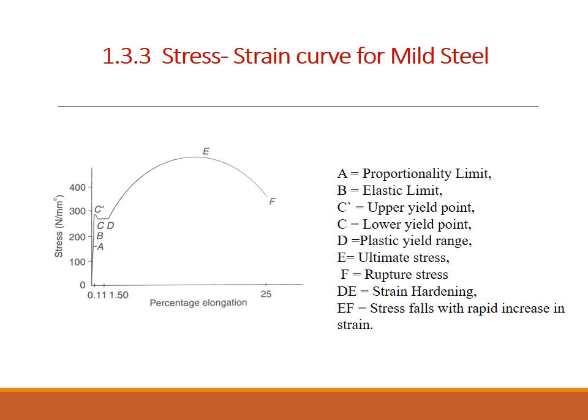Here, when the load reaches the ultimate point, the pointer moves in the reverse order, that is, the load decreases at the time of failure. F represents the breaking stress, the stress corresponding to the breaking load.